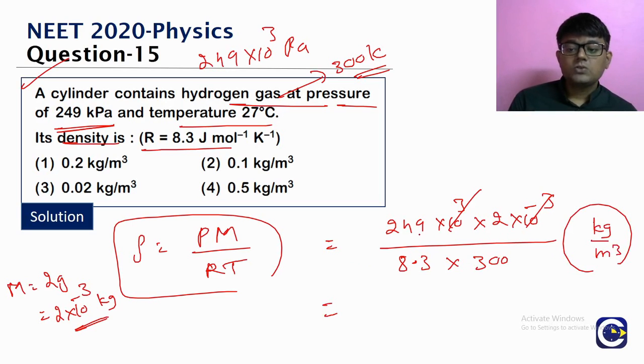Okay, now look at it. What do we have? 249 into 2 is 498.